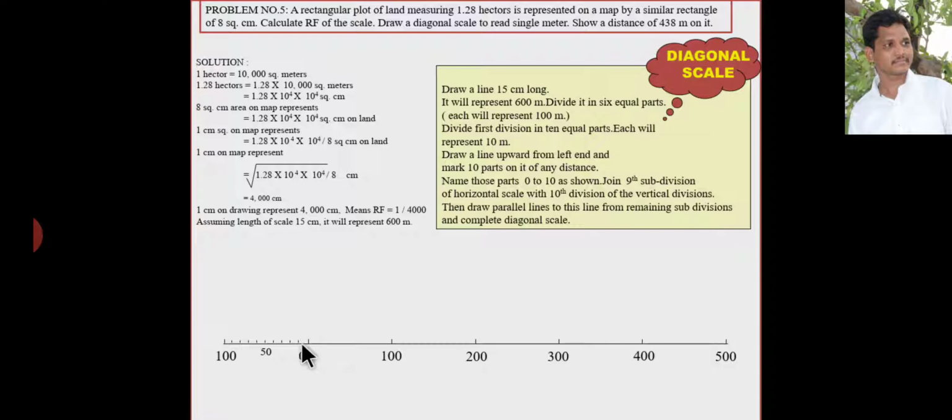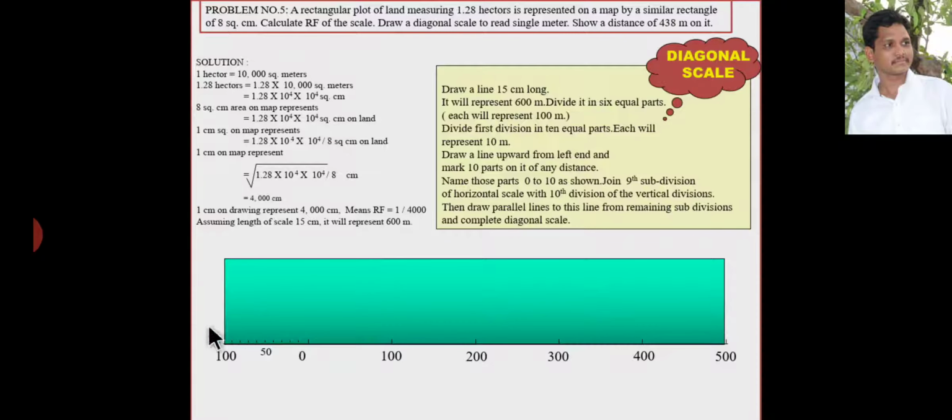And you have to divide this into 10 subdivisions, that is 10 meters, 20, 30, 40, 50, 60, 70, 80, 90, 100.